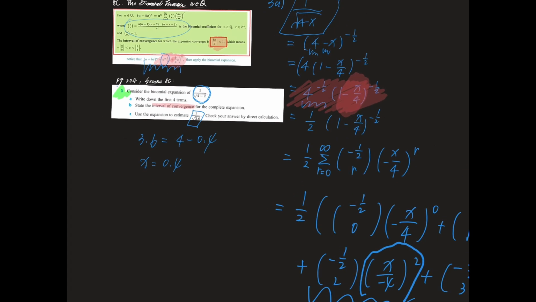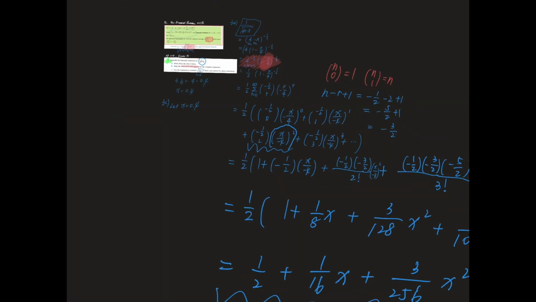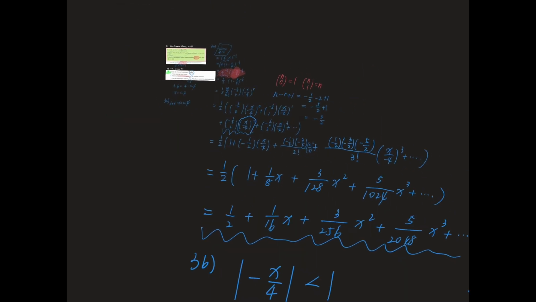So for 3c, we can easily just let x equal 0.4 and substitute it back into our result from 3a. So if we substitute it in, we should get a half plus 1 on 16 times 0.4, and then plus 3 over 256 times 0.4 to the power 2, and then plus 5 over 2048 times 0.4 cubed.